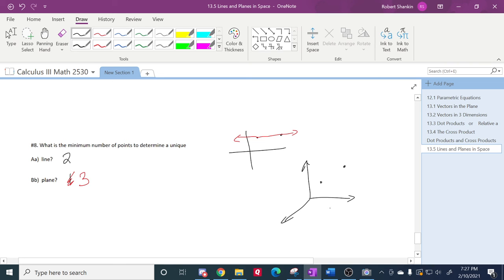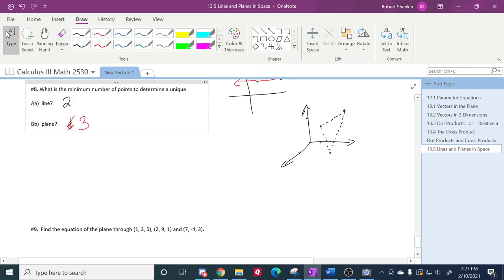But if I have a third point, then there's really only one plane, and I can actually visualize it by just connecting these points. There is that plane. Just imagine this going out forever. And we were doing that with intercepts, x and y intercepts, before to draw them as well. So you need 3 points to determine a unique plane.